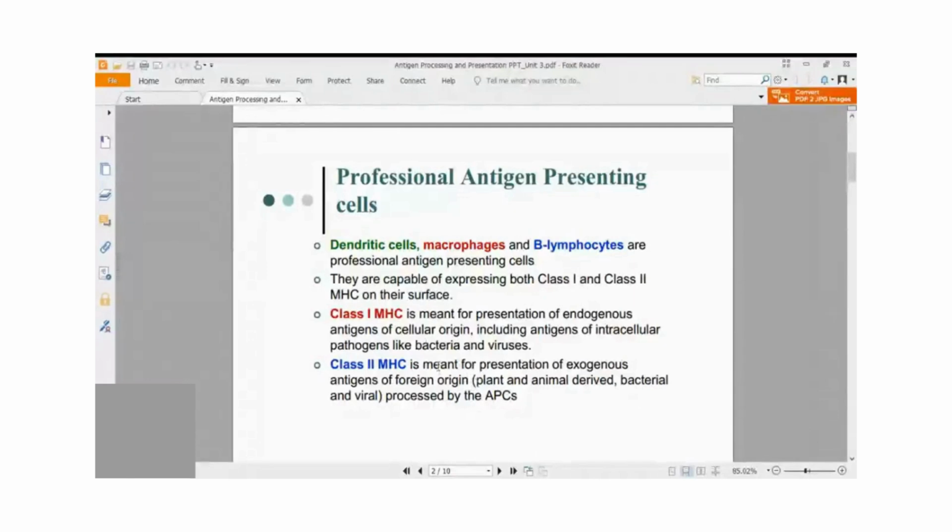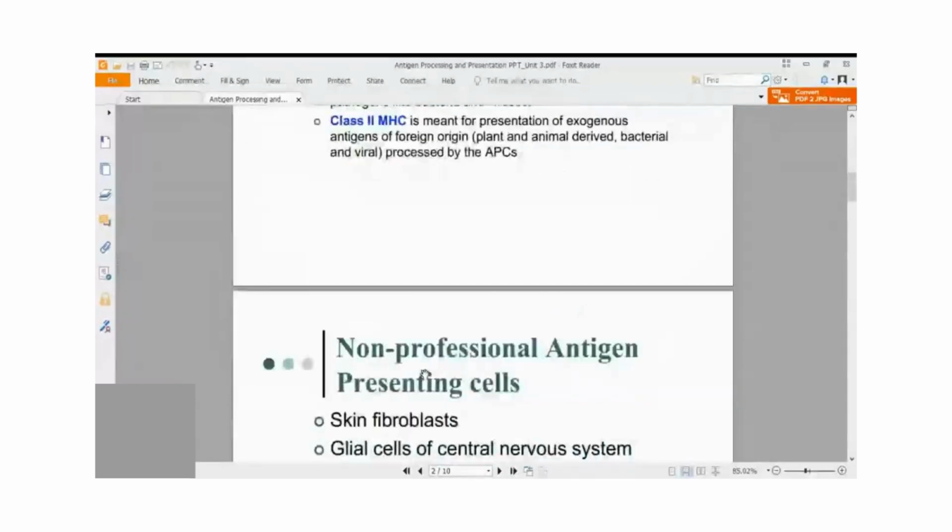Now, how these processes will take place in the antigen presenting cell, we will see. That is presentation of antigen on class 1 MHC of endogenous origin, presentation of antigen on class 2 MHC of exogenous origin.